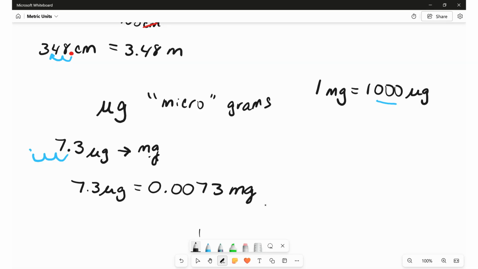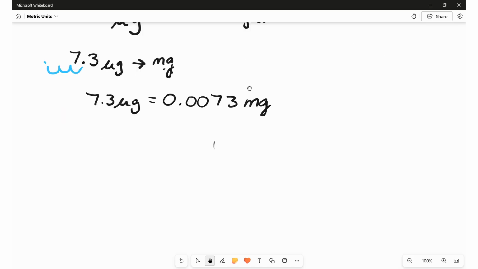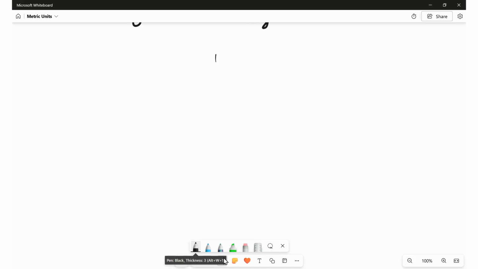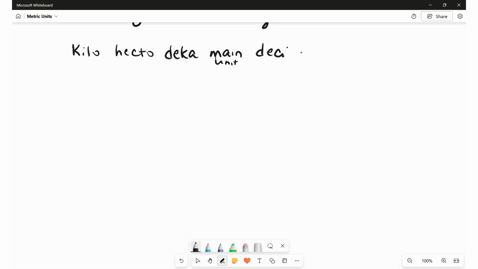Okay. So let's do a couple more here because I want to make sure that we've got this down. I want you to remember we have kilo, hecto, deca, and then we have our main unit. Then we have deci, centi, and milli.